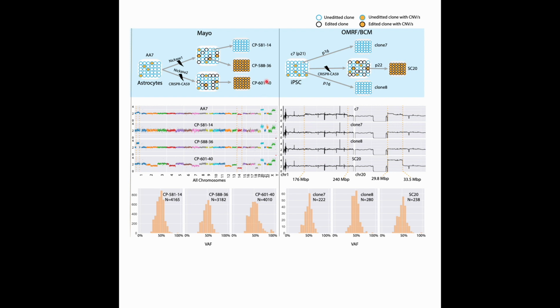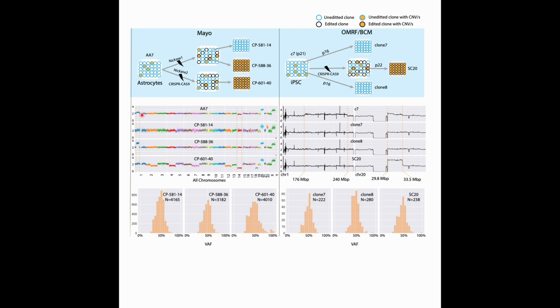For the Mayo experiment, we got three edited lines called CP58114, CP58836, CP60140, and one parental line called AA7.